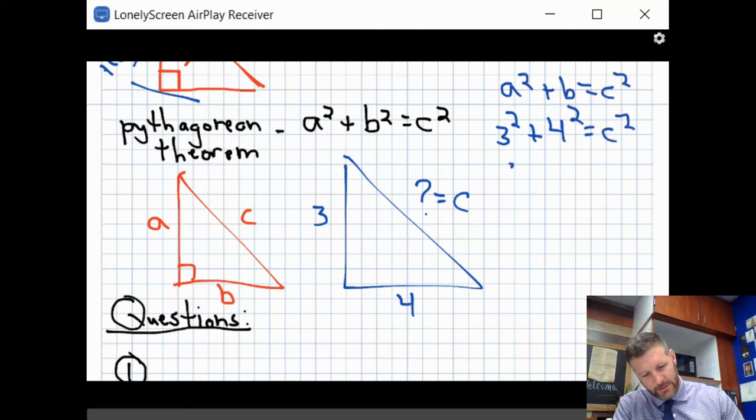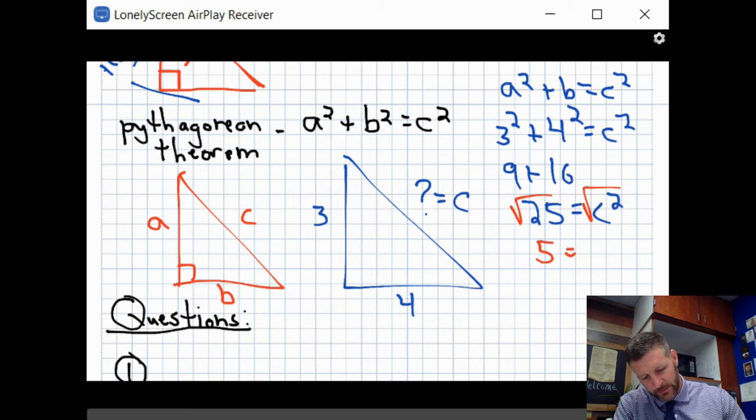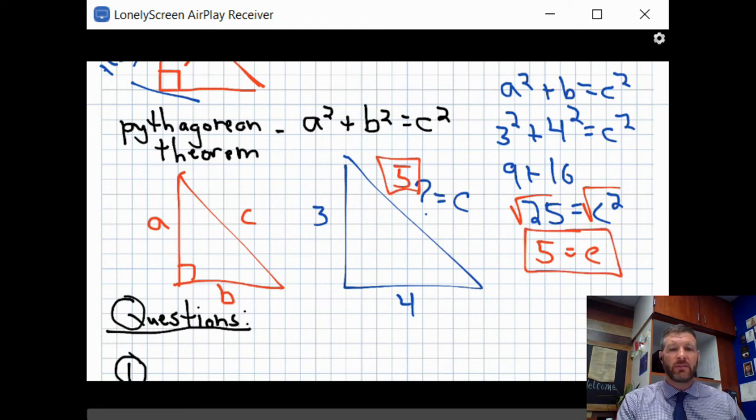So that's 9 plus 16, so that's 25 equals c squared. Then you ask, what number squared gives me 25? To do that, I would just take the square root. The square root of 25 is 5. So I picked a nice easy one. 5 equals c. So this is 5 right here. That's how you would use the Pythagorean theorem to find the longest side of a right triangle.